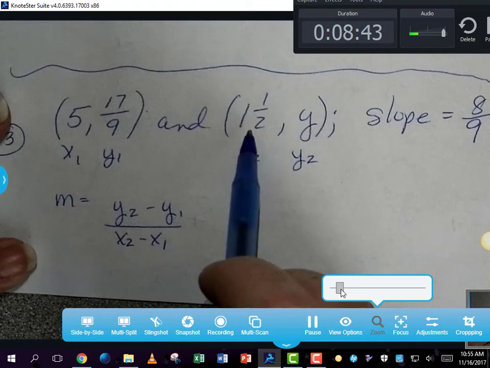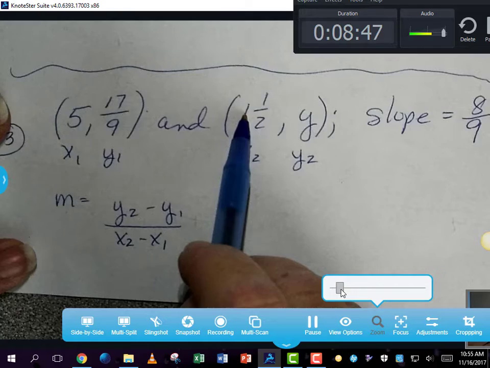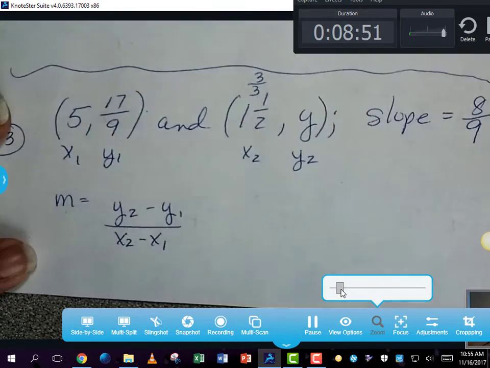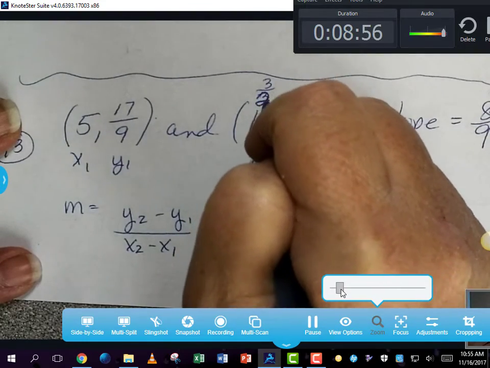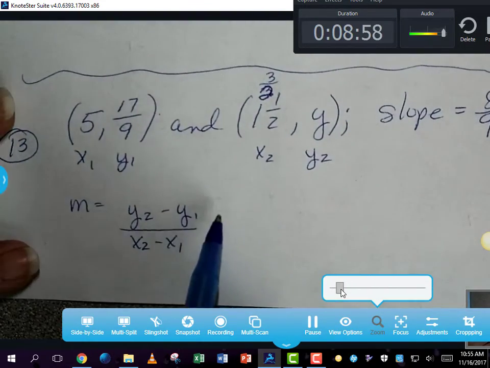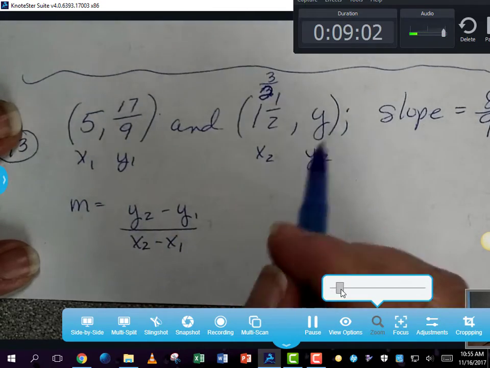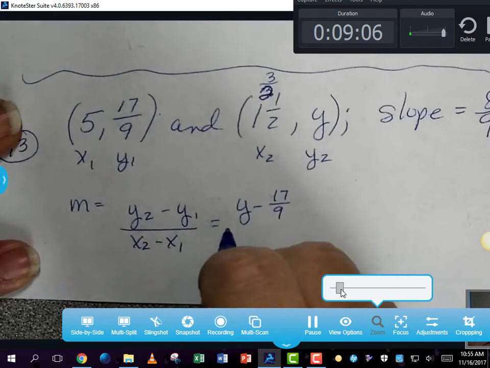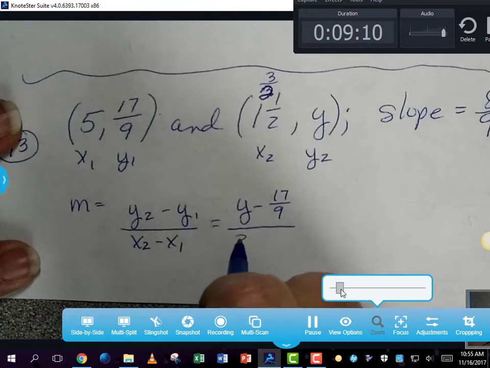Okay, so I'm going to go ahead and turn this into a mixed number. So that's going to be 2 times 1 is 2 plus 1 is 3. This is the same as 3 halves. Oh, that's not what I wrote. 3 halves. Alright, so same process. I'm going to have y sub 2 minus y sub 1 divided by x sub 2 minus x sub 1.